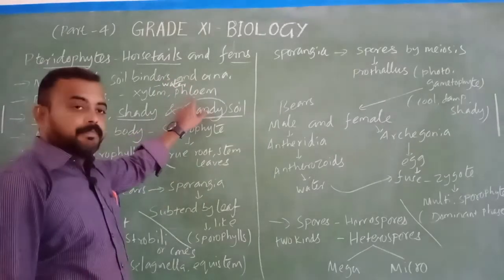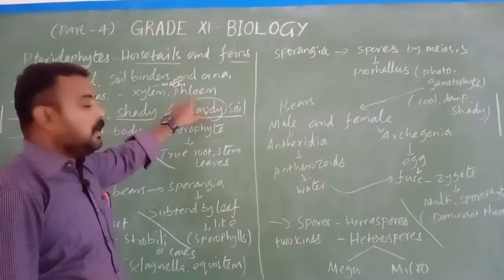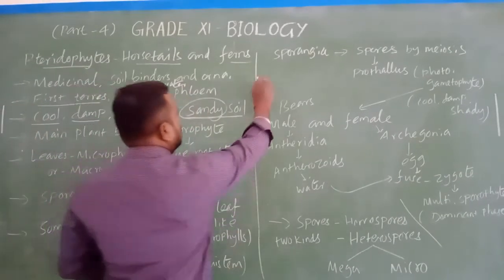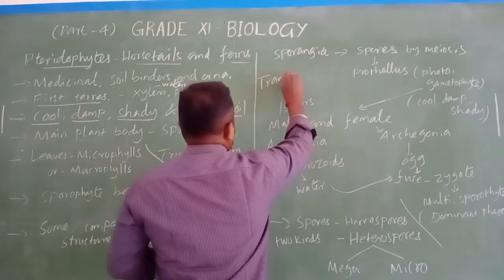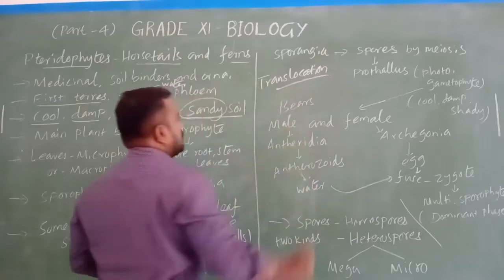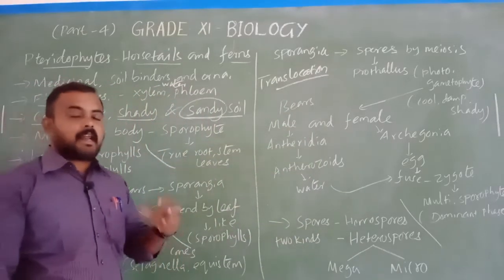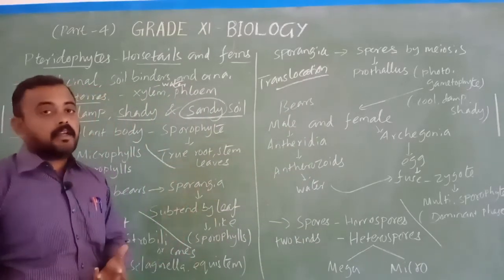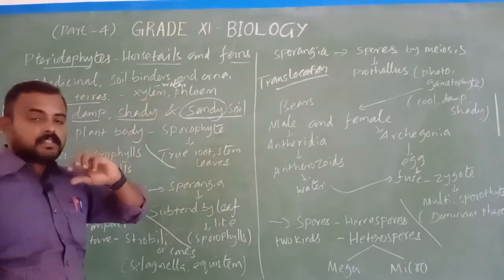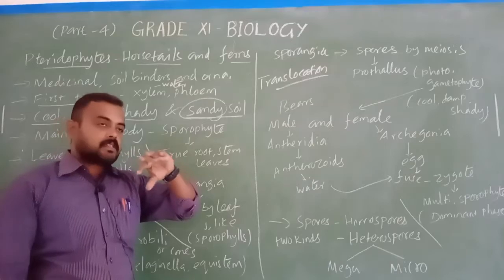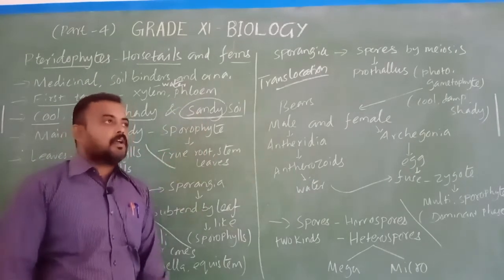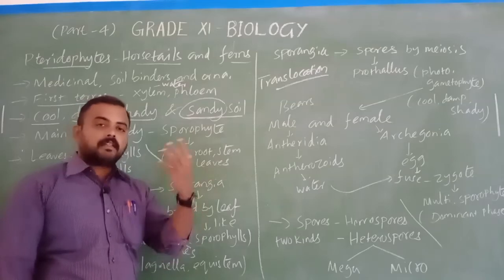But phloem does translocation. Translocation, that means it transports the food material. It is multi-directional. The water goes unidirectionally from the root to the leaves, then as water vapor it goes into the atmosphere.